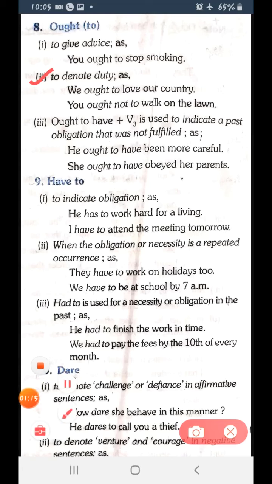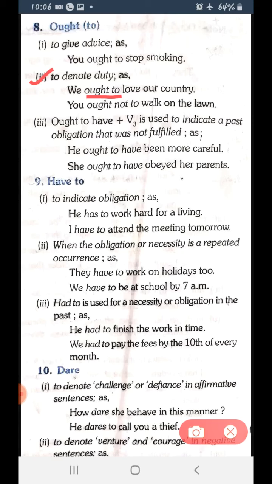Example, we ought to love our country. Here, we ought to love our country. It shows stronger feelings than must and should. We don't say we must love our country. We ought to love our country. That means we have to love our country.